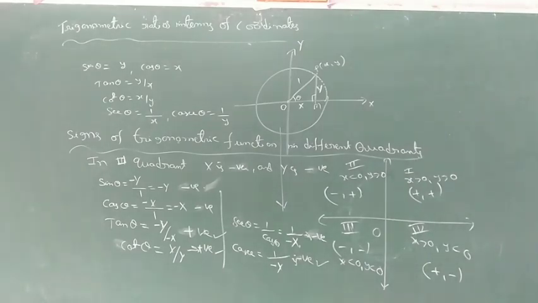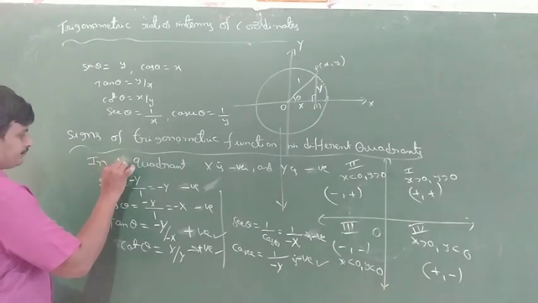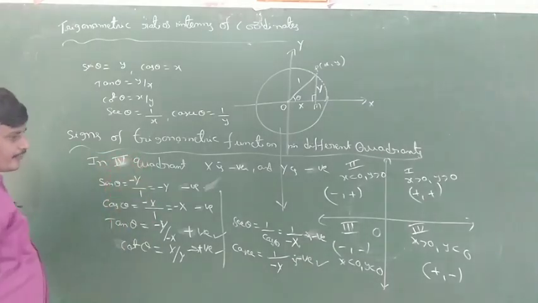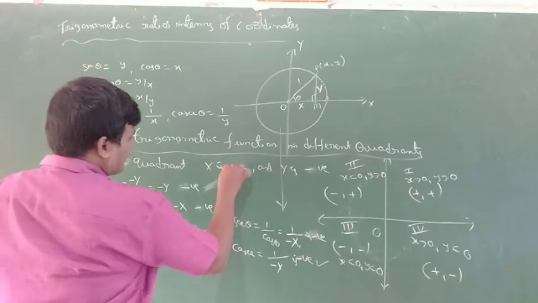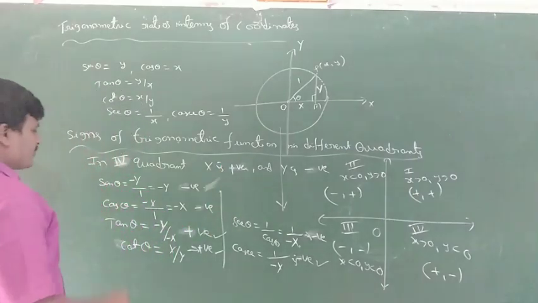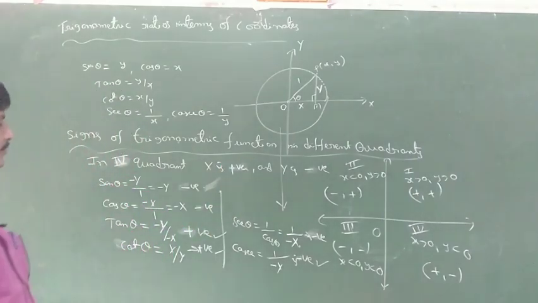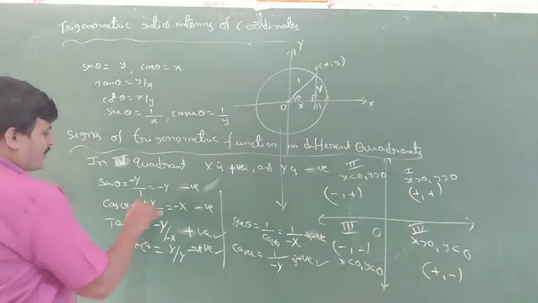Next, obviously in the fourth quadrant, x is positive, y is negative. Sin theta is equal to minus y, which is negative. Cos theta is equal to x, which is positive.